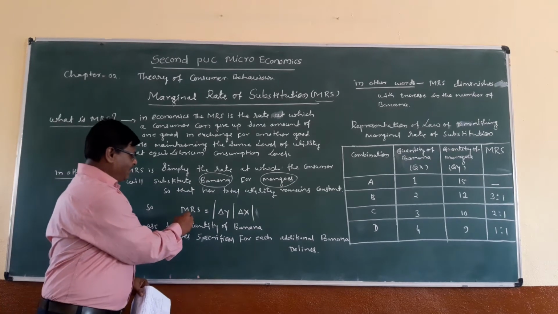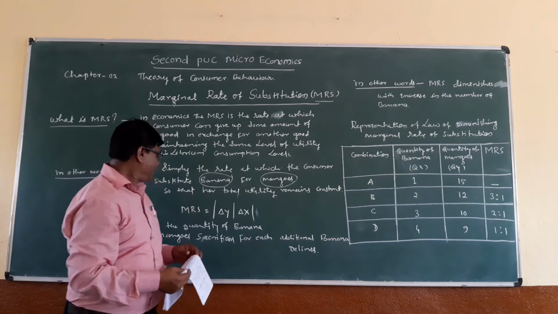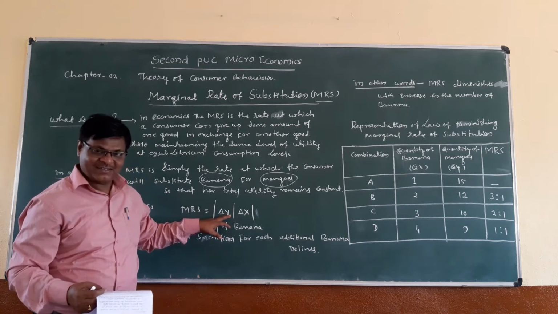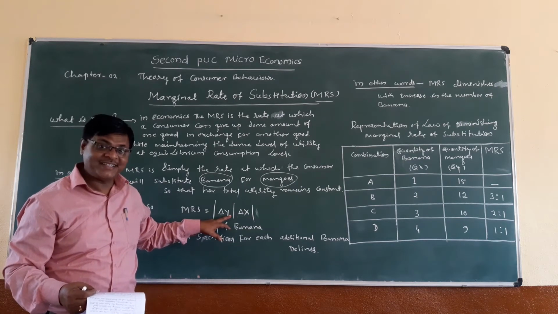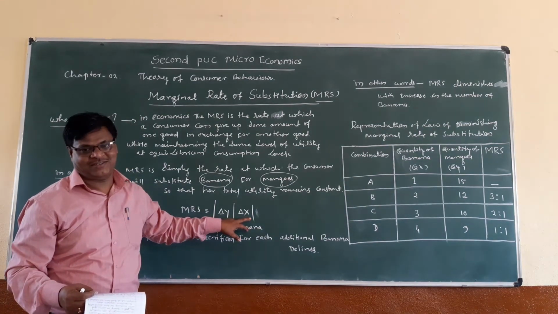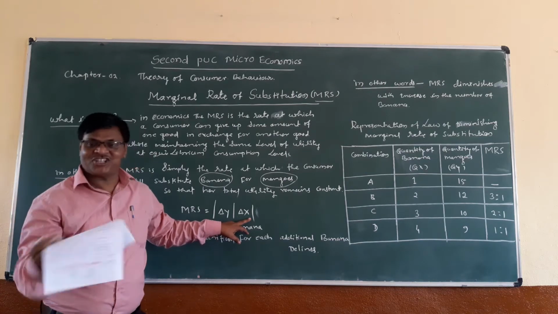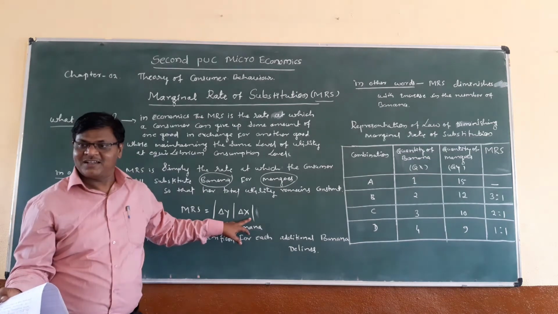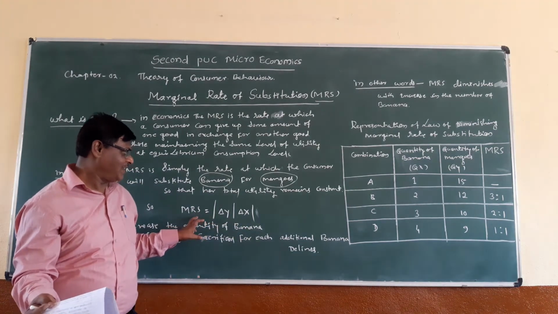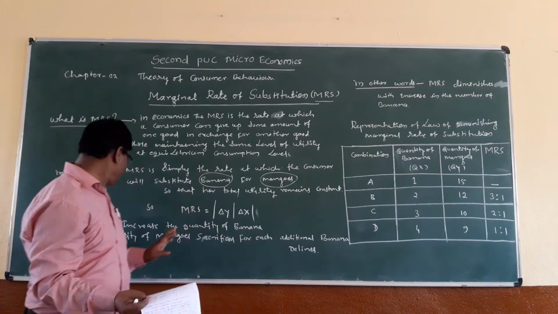It means that marginal rate of substitution is equal to delta y, the change in y goods, over delta x, the change in x goods. Two goods are substituting each other, with utility being at the same level. This is called the marginal rate of substitution.